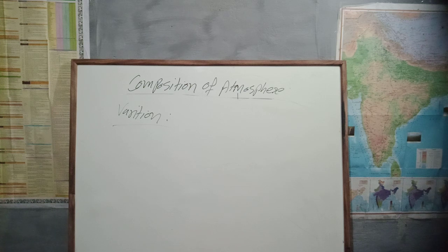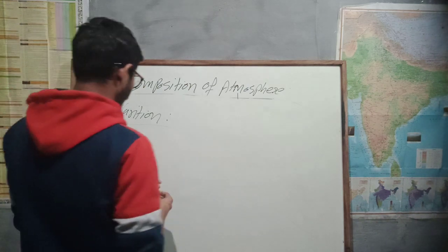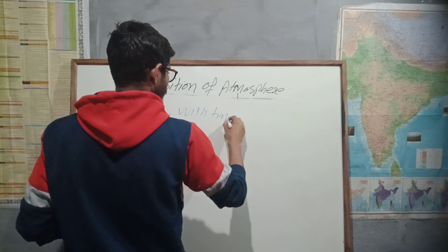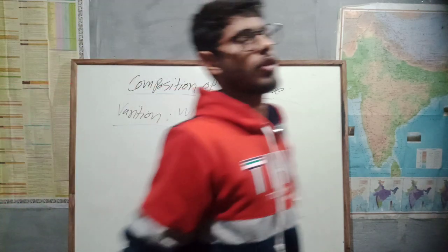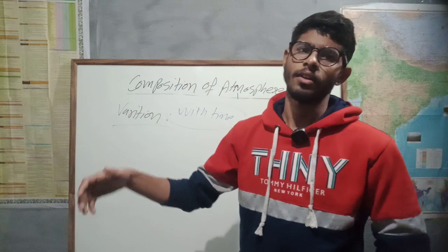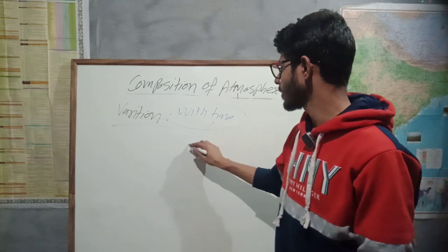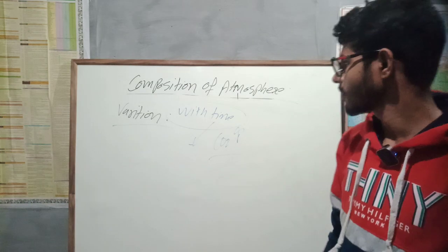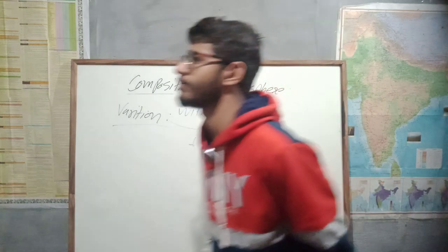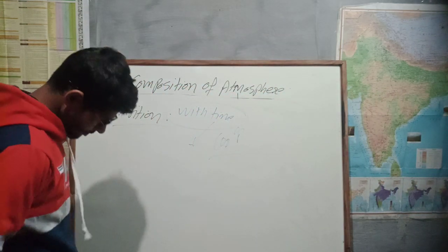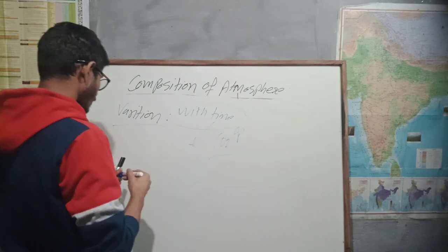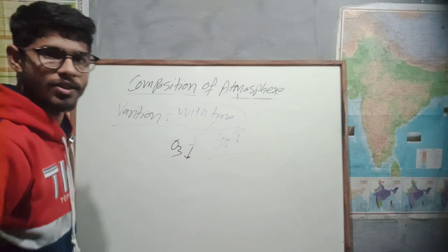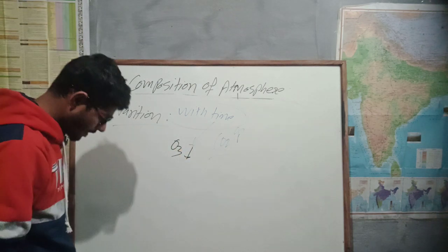Let's discuss, first of all, variation with time. You might have heard in the news that the CO2 level is increasing. In the last couple of years, CO2 is increasing. So this is the variation. What else? You might also have heard that the O3 ozone layer is depleting. So ozone is decreasing. CO2 increasing, O3 decreasing.